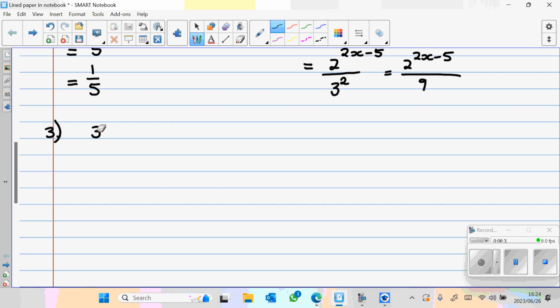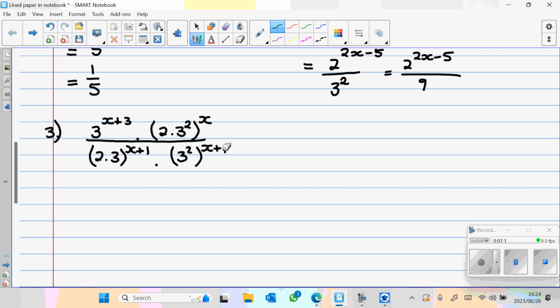It is 3 to the power x plus 3 times 18 to the power of x, divided by 6 to the power of x plus 1 times 9 to the power of x plus 1. Now 18 is 2 times 3 squared, 6 is 2 times 3, and 9 is 3 squared.